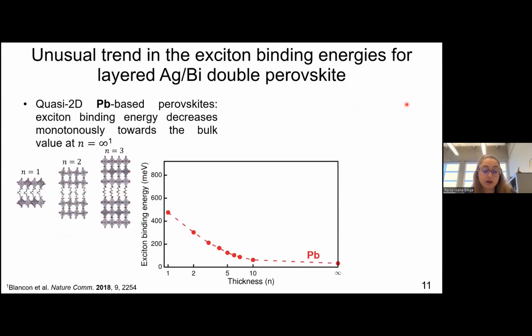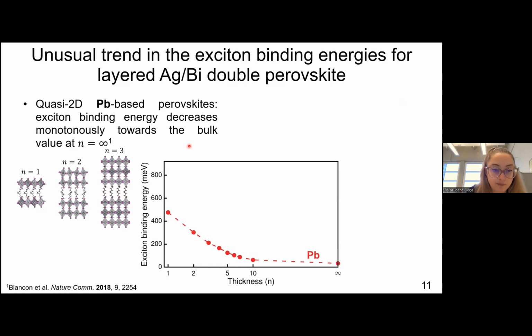We again go to something that is well known. We again go to literature and we compare to the lead-based perovskites. In the case of the 2D lead-based perovskites, we know that the exciton binding energy decreases with the thickness of the inorganic layer.